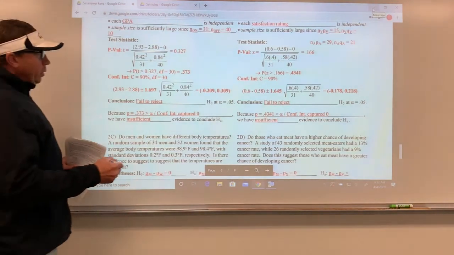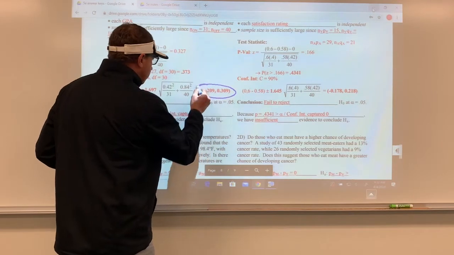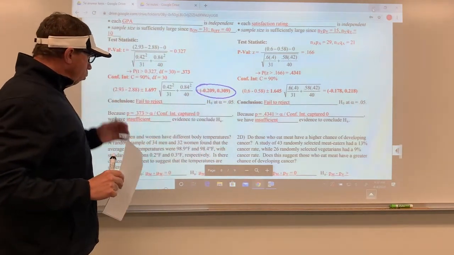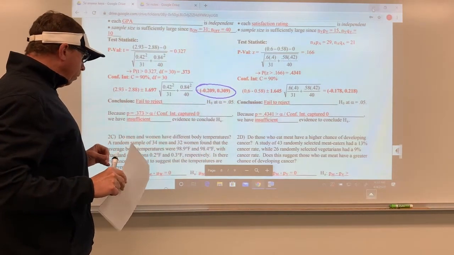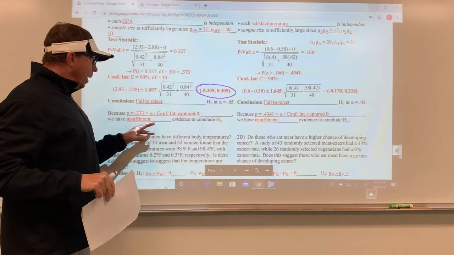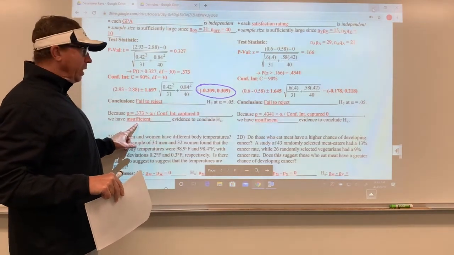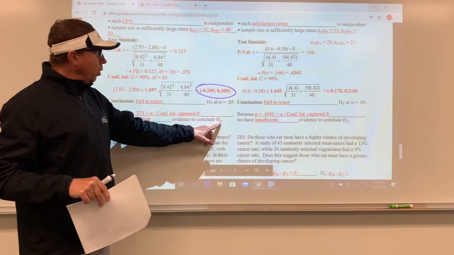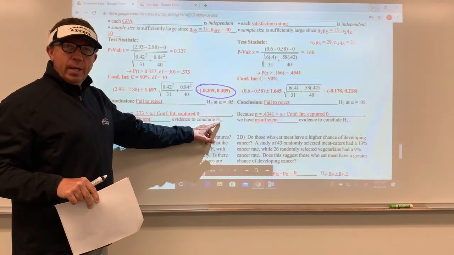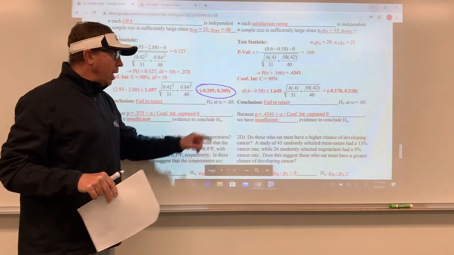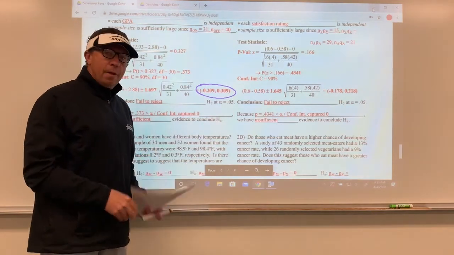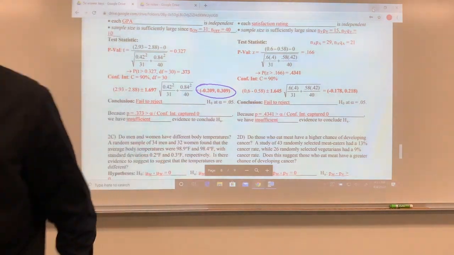Okay, so there's that number right there. Now, what you would write on the conclusion on this is, because the interval captured 0, we have insufficient evidence to conclude that the on-campus students have a higher GPA than the off-campus students.